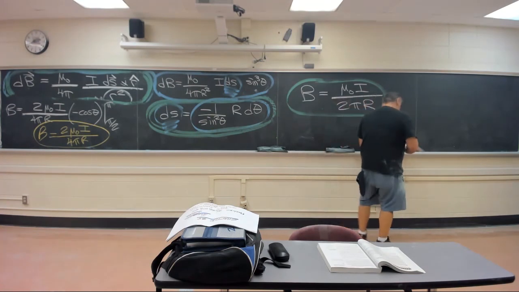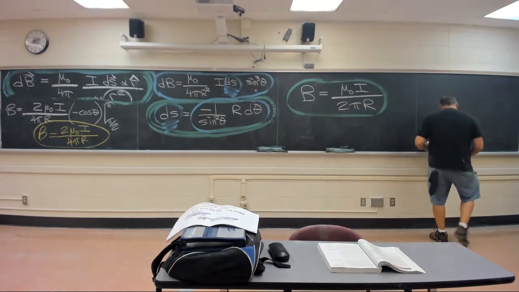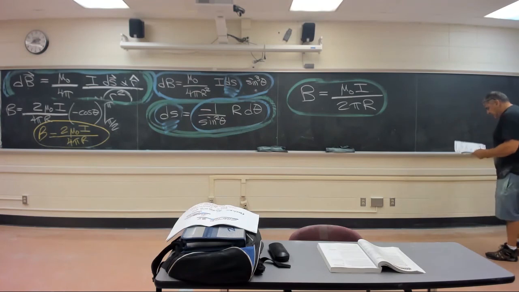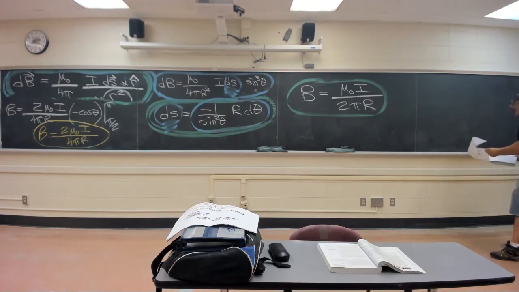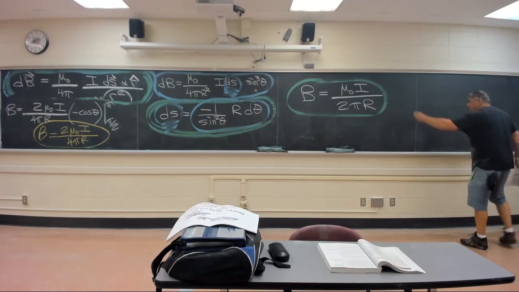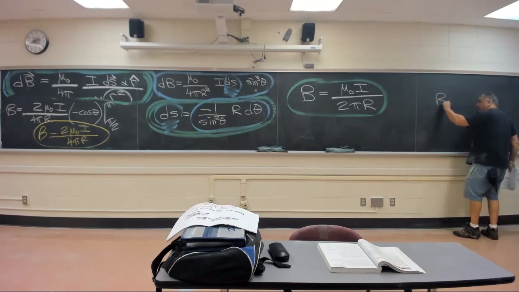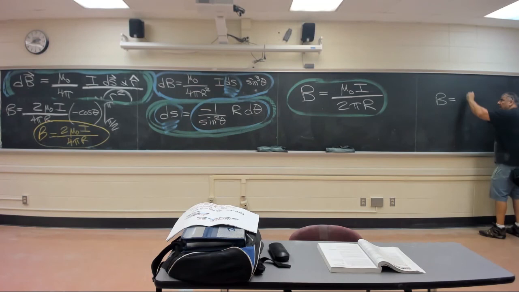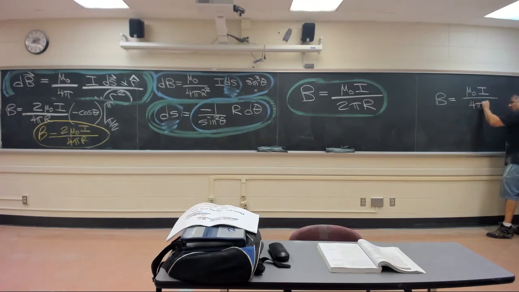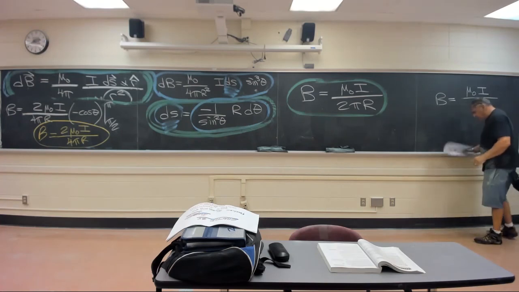If it was just coming to one place, somehow you're finding some infinitely long straight wire. The semi-infinitely long straight wire is going to be half of this. What is half of this? Half of this, there it is.